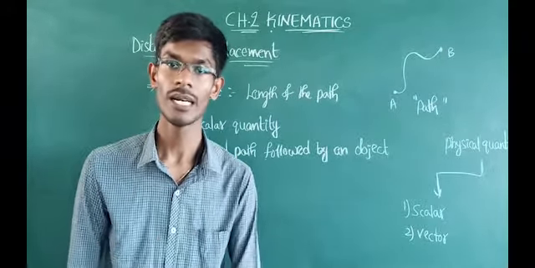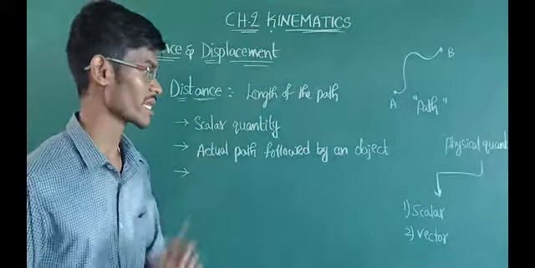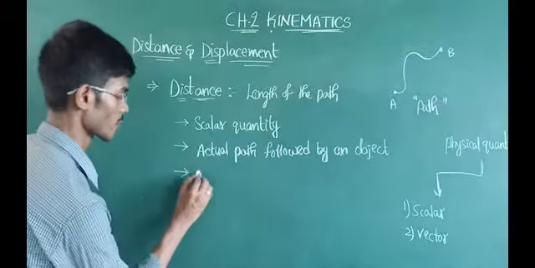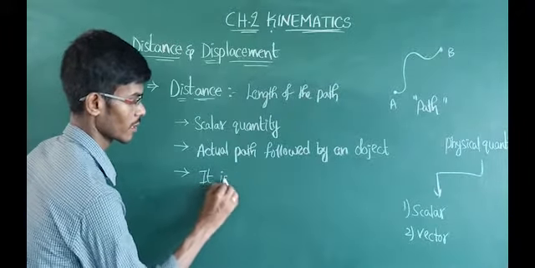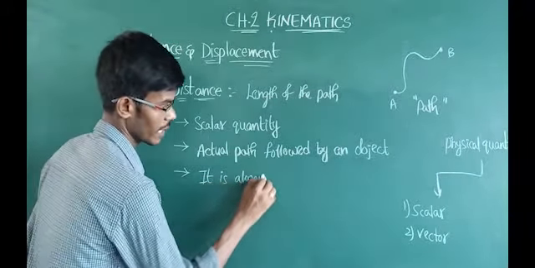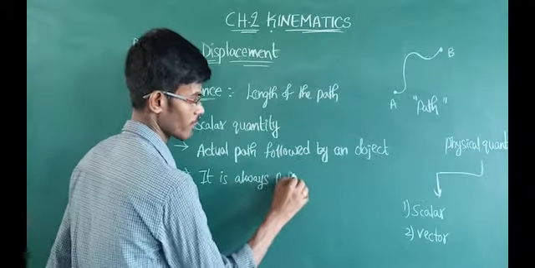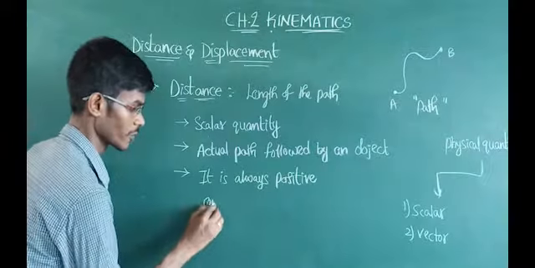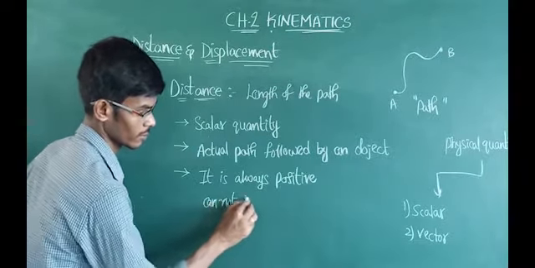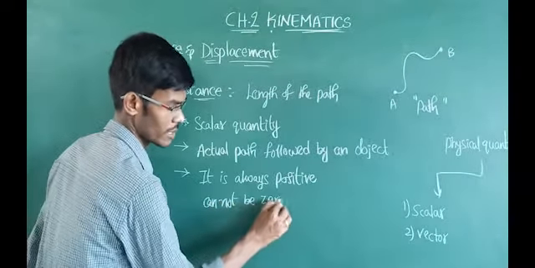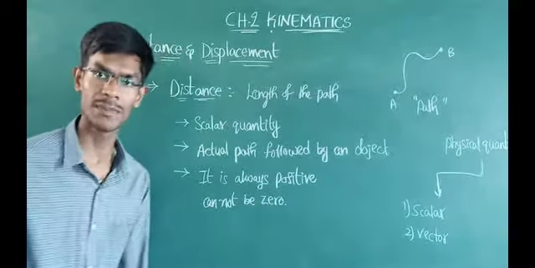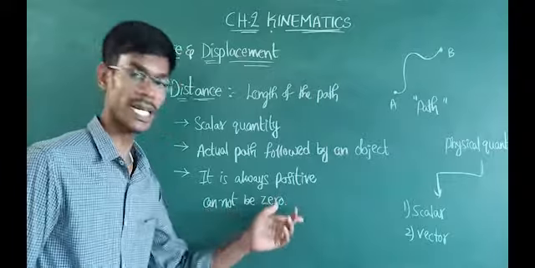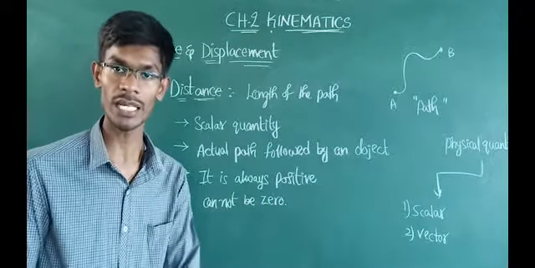So here scalar means it does not have any particular direction. So it is always positive, and it cannot be 0. Once the object is in motion, we can say that the distance cannot be 0.